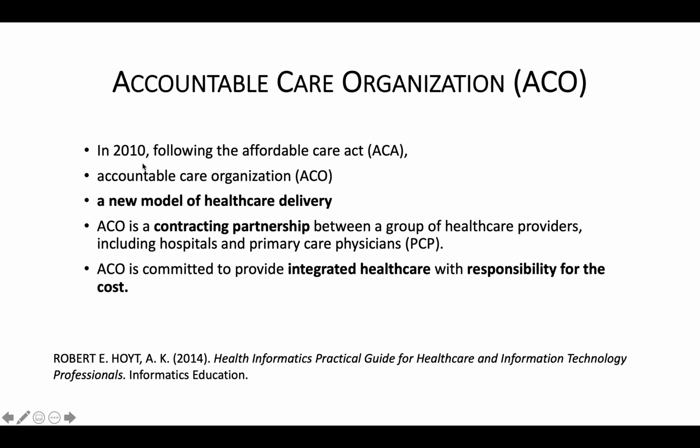In 2010, following the Affordable Care Act, accountable care organization arose as a model. It's a new model of healthcare delivery that tries to control the cost. An accountable care organization is really a contract between different partners or groups of healthcare providers, including hospitals and primary care.